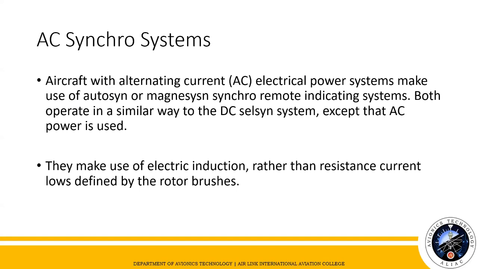Kaya yung pinaka-power nila is alternating current. So, they make use of electric induction rather than resistant current flows defined by the rotor brushes. So, yung magnesyn system use permanent magnet rotors.